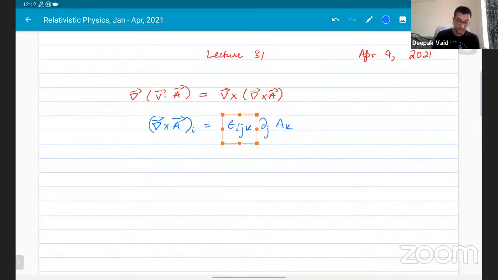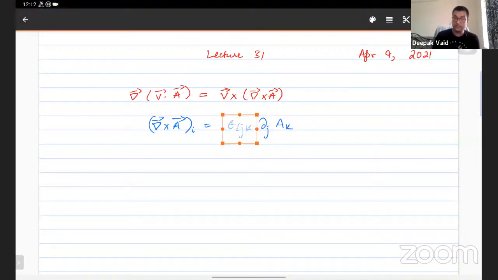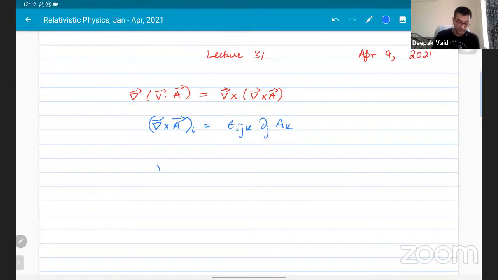So because the epsilon tensor is completely anti-symmetric, right? So let's say you want the x component. So then this will be epsilon x j k d_j A_k, right? Now the only non-zero components of epsilon, when one component is x, the other two components have to be y and z. So you have x, y, z, right?